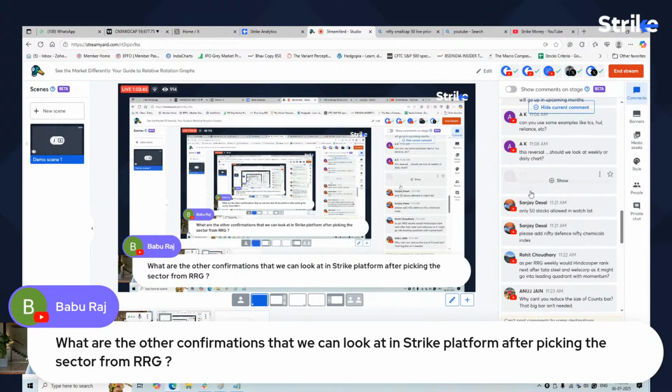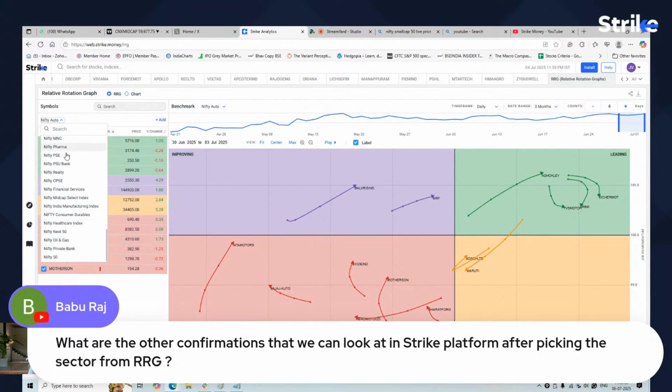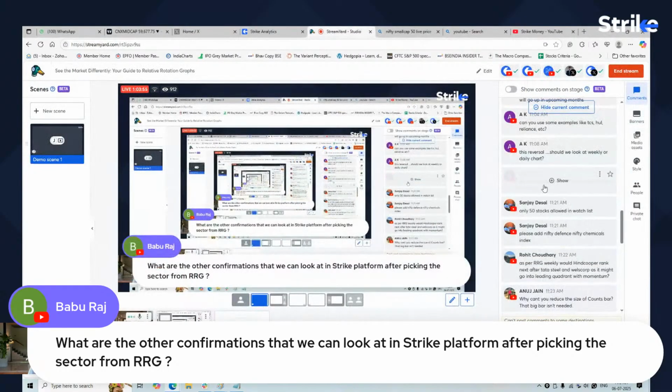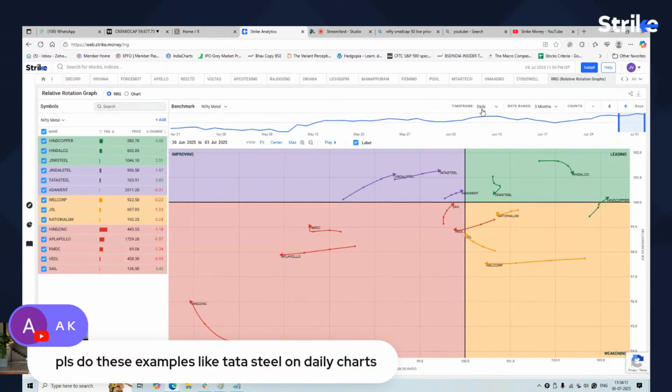Tata Steel on daily, right? I'm taking up this question which says, what is Tata Steel doing on daily? Good question. We could see that in the weekly it was turning around. Now on the daily, it is going towards the right side, which means that the relative strength is doing well.